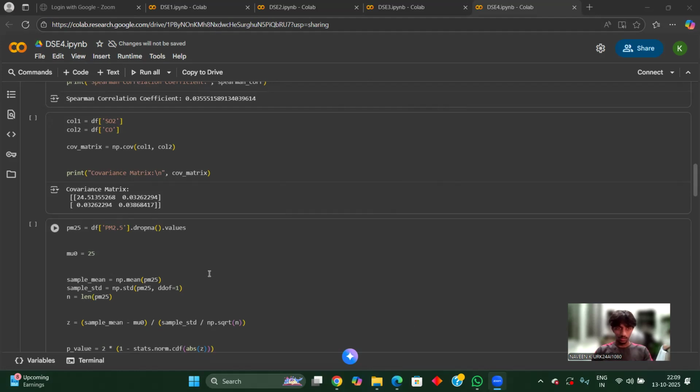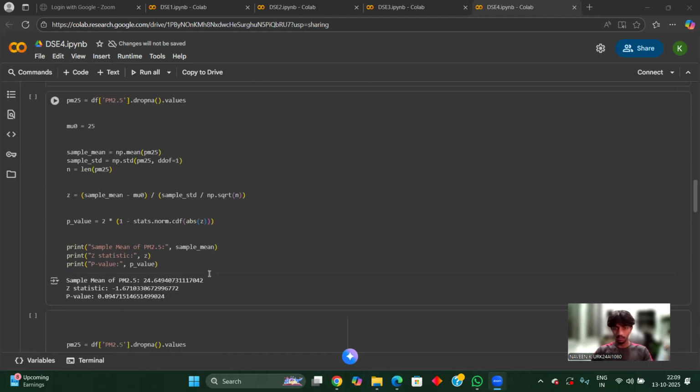The next one is one sample Z test for PM2.5. In program 7, we perform a one sample Z test to test if the mean PM2.5 is equal to a hypothesized value. We calculate the sample mean, standard deviation, and sample size.